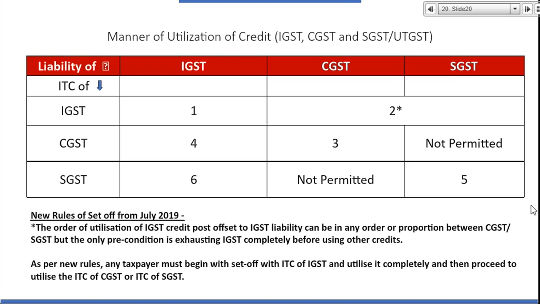I can take proportionate also. If I have CGST liability, I'll first use CGST and then I'll use IGST. I cannot use the ITC of SGST. If I have SGST liability, I can use SGST and then IGST. CGST is not permitted, right?